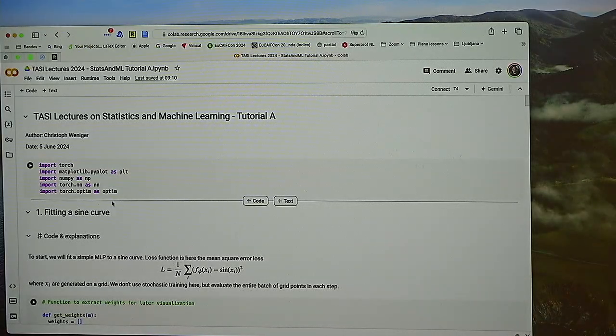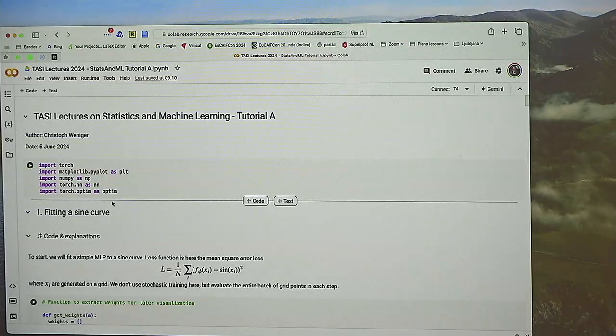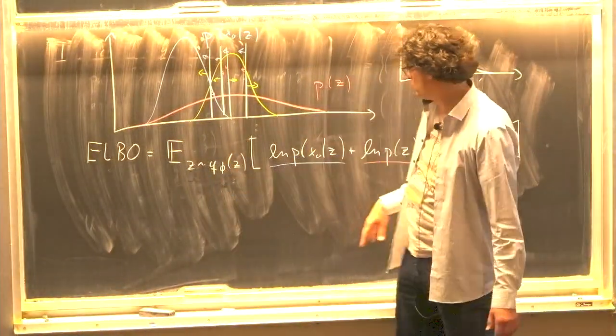Anyway, so before we go to the notebook, I still have to explain the algorithm that one has to run when optimizing ELBO. So again, this is the evidence lower bound, right? We have here an average over samples from the variational distribution that we want to fit.